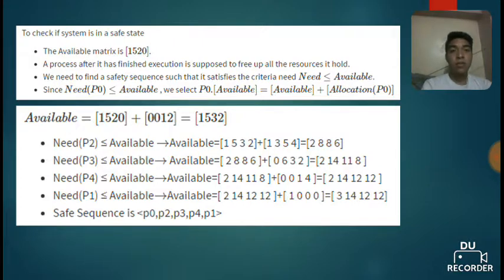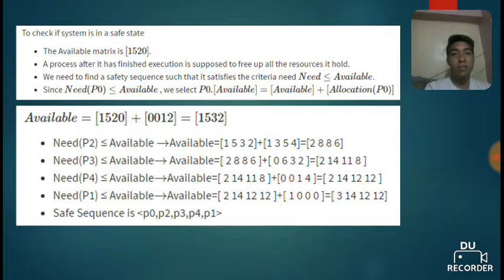That goes on to the next processes, as we can see here in process 2, process 3, process 4, and process 1. We get the values by using the same formula for the current available matrix.